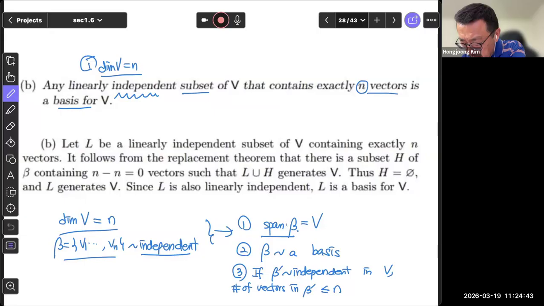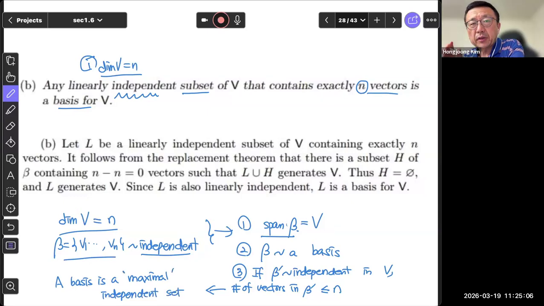So in this sense, a basis is a maximal independent set, meaning that it is a set of independent vectors with the largest number, with the maximum number.